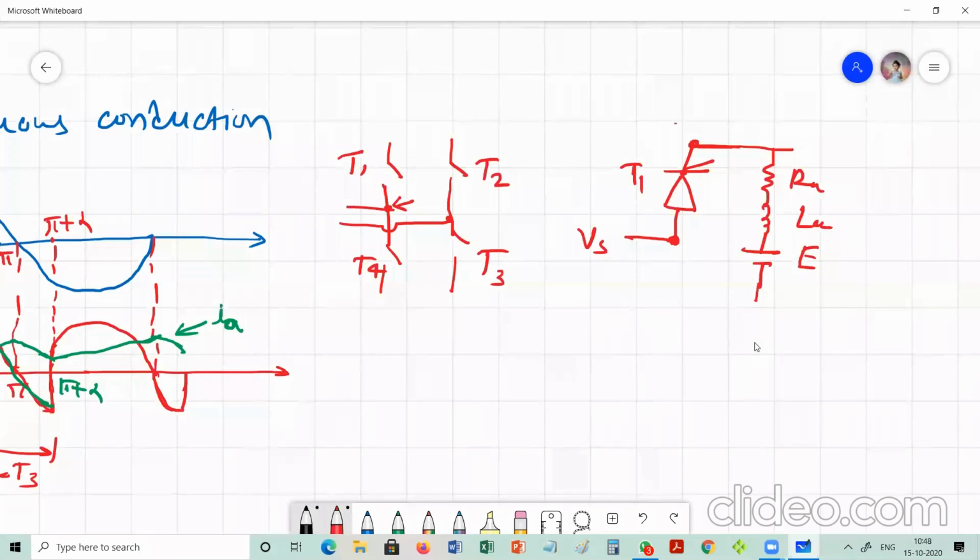This thyristor T1 will not allow the flow of current.